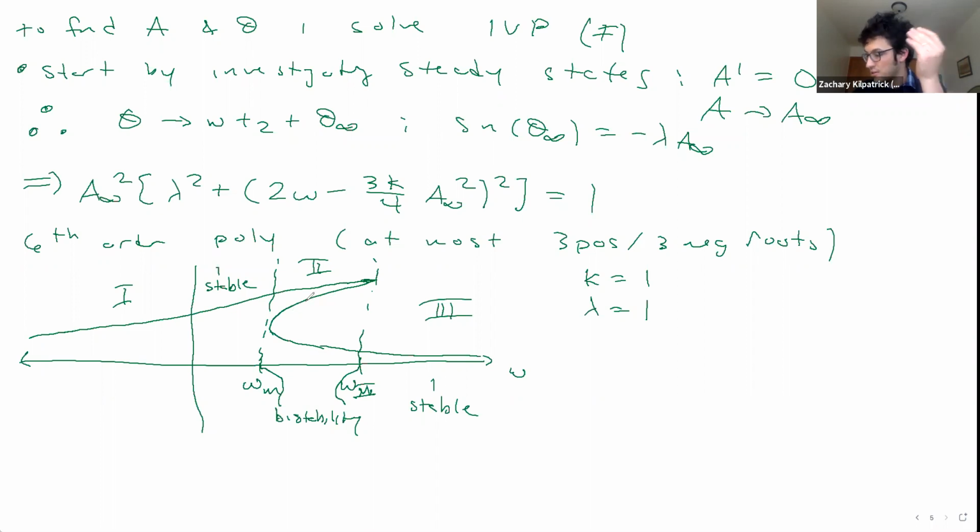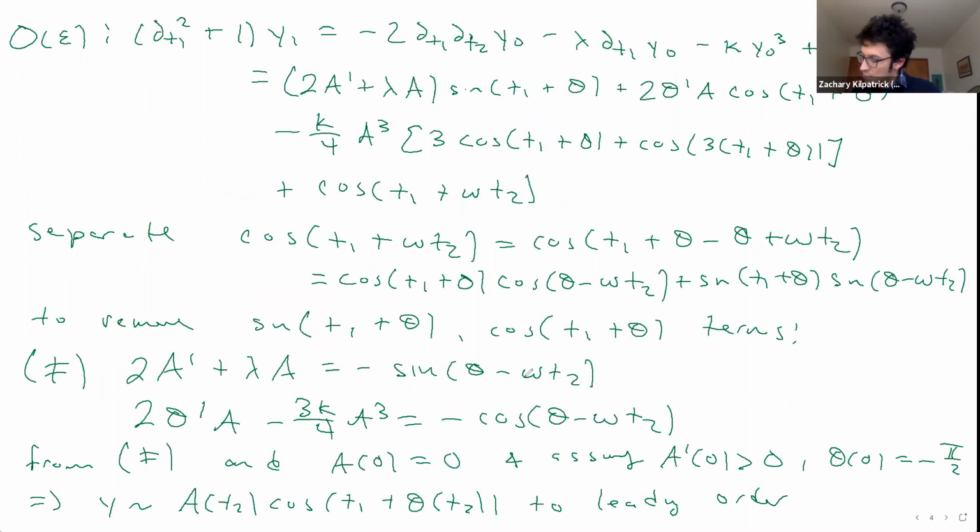And there's this unstable branch here. I don't know how many of you have had bifurcation theory, but in our ordinary differential equations course here, we just talk about this kind of thing in the context of phase plane analysis. You can analyze the stability of these by doing a typical phase plane analysis.